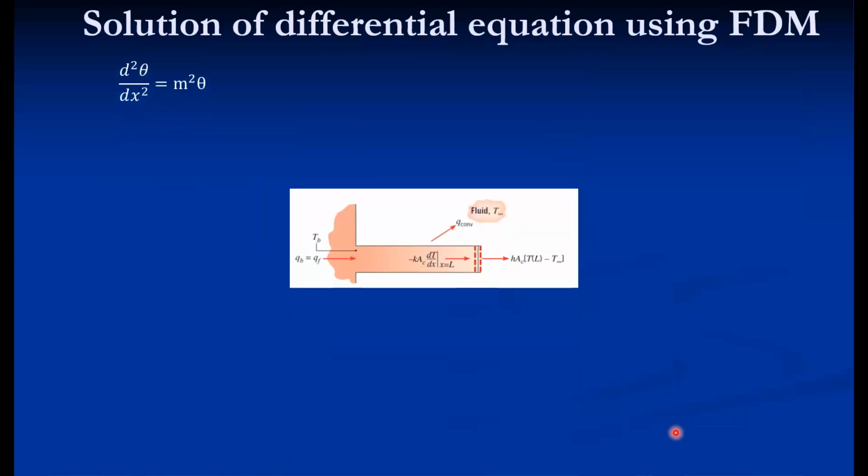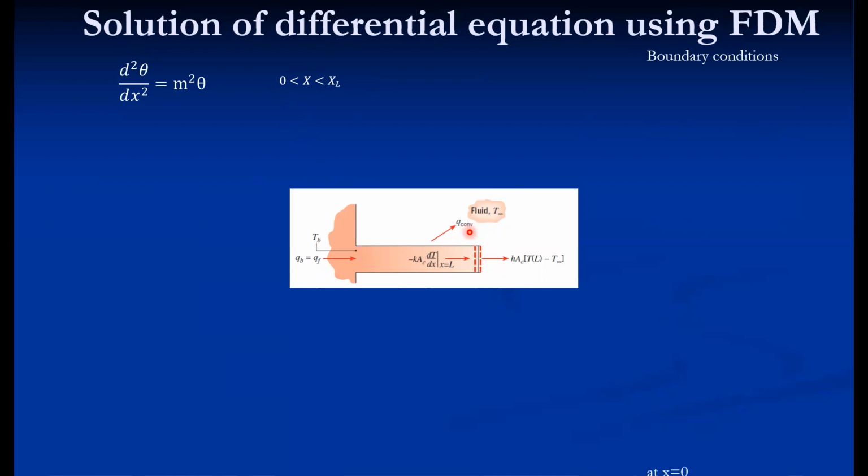Now in order to use this numerical approach, this is the equation we have to solve. This equation is applicable for this fin. The fin length varies from 0 to L, with x equal to 0 at this side and L at this side. Fluid temperature is T infinity, with Q convection.